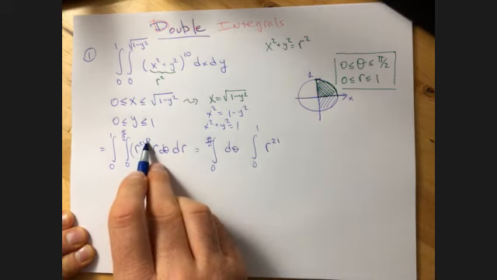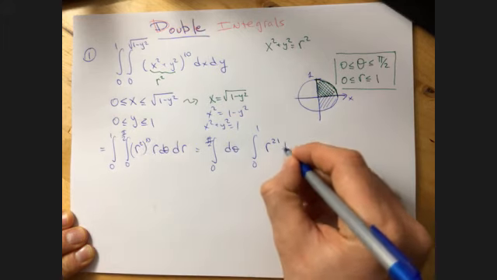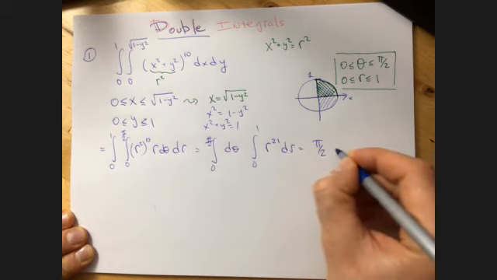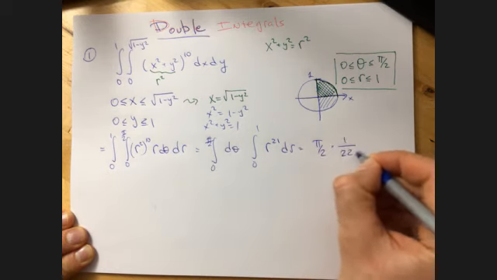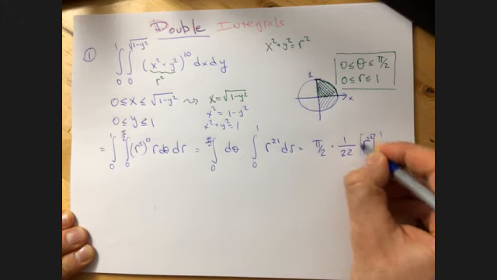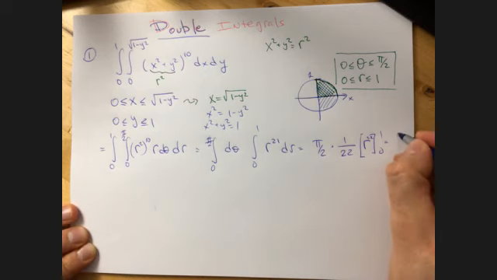R squared to the power of 10 is r to the power 20 times r, that's r to the power 21 dr. This integral is easy, that's only pi over 2 times 1 over 22 r to the power 22 from 0 to 1. And finally, the answer is pi over 44.